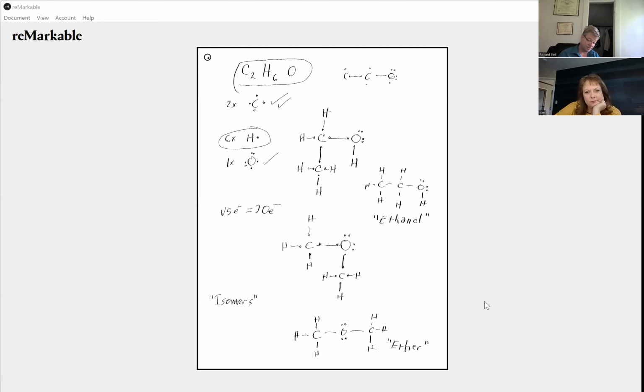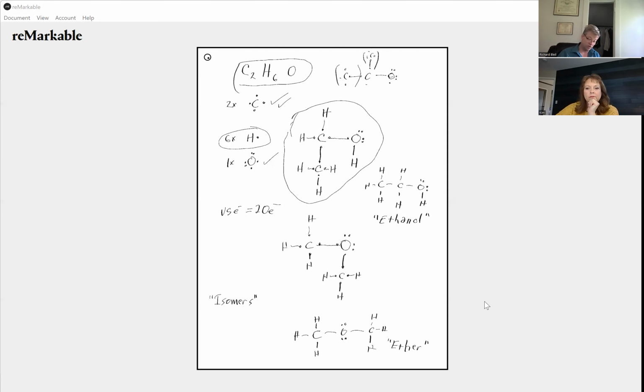If I put it off to the side, or on top, it would not have mattered. We would have ended up with exactly the same compound. So do be a little bit careful here about not confusing isomers with the same compound.